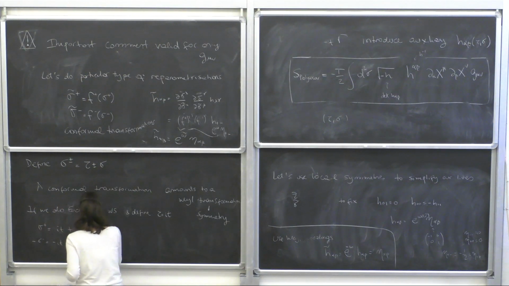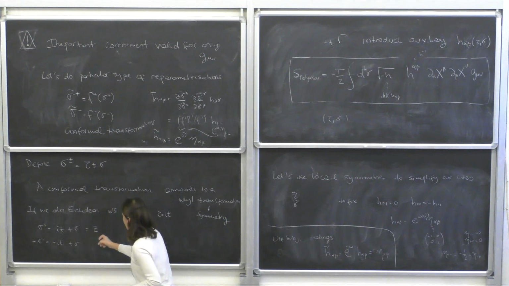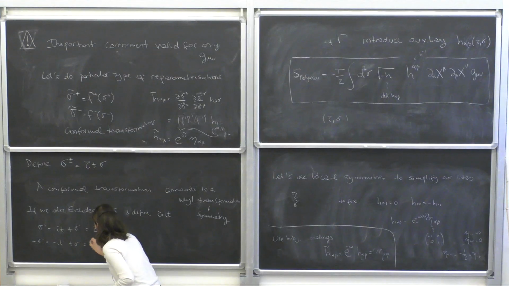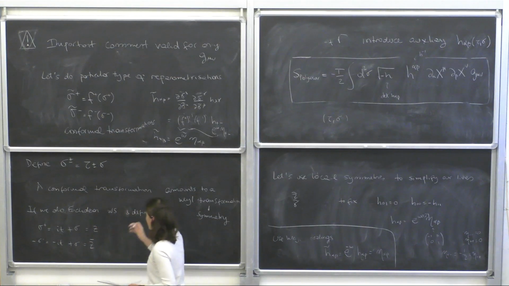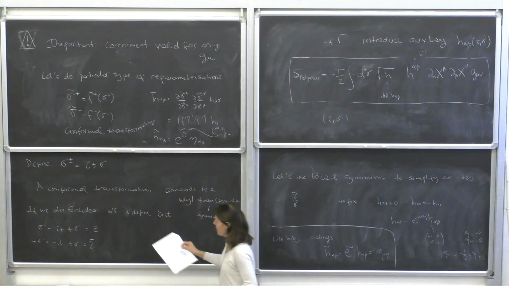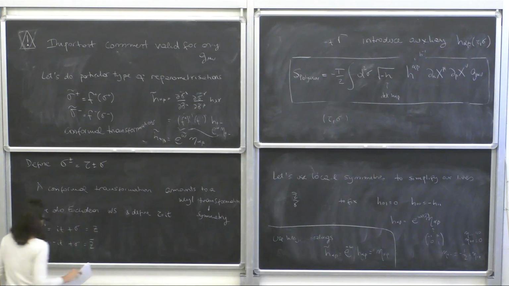If I call this complex coordinate on the worksheet Z and Z bar, then a conformal transformation is a holomorphic function.